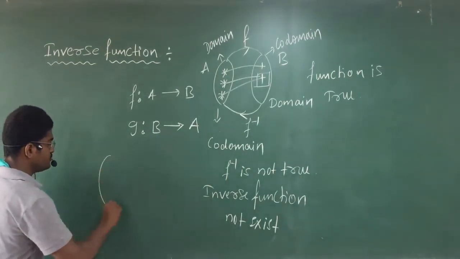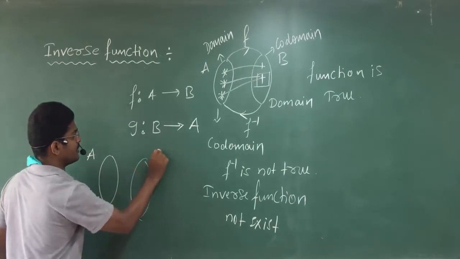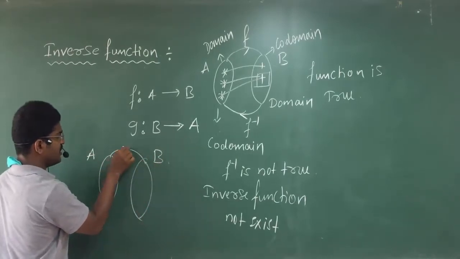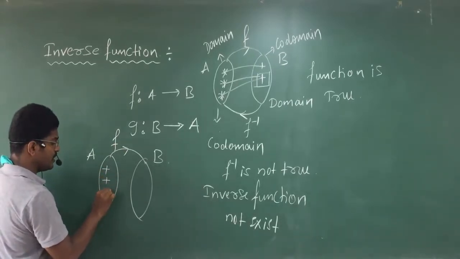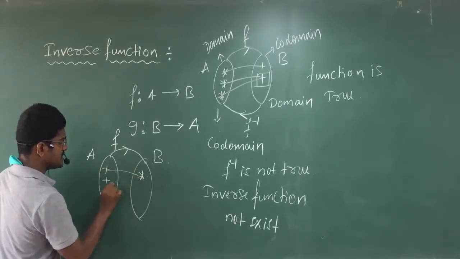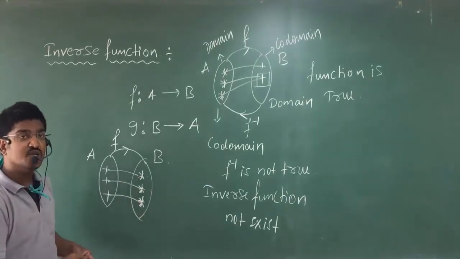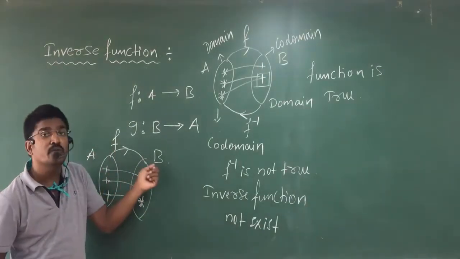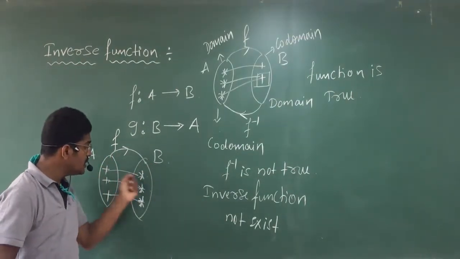Let us see one more mapping. See here, let it be A and B. Let us consider f from A to B having images here. As you can see, from A to B, every element is having unique images.